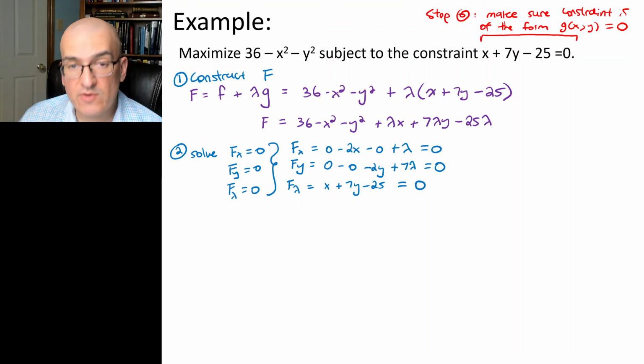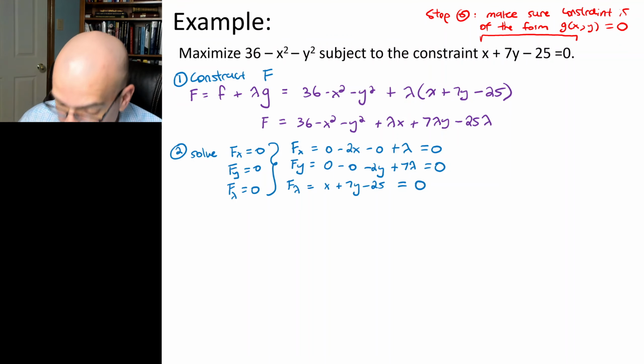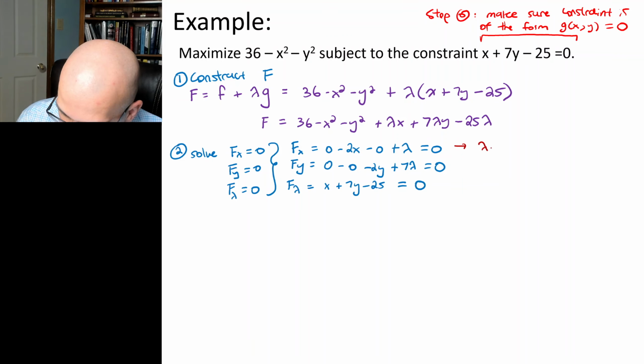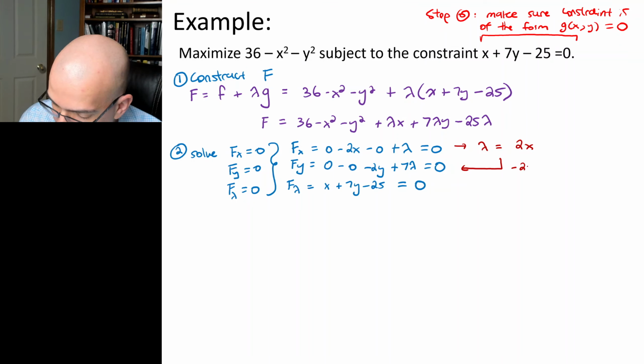That gives us three equations, three unknowns. We can solve that system by using isolation. I'm going to isolate for lambda in the first equation this time. So lambda is equal to positive 2x. And I'm going to sub that into the second equation. And we get negative 2y plus 7 times 2x equals 0.